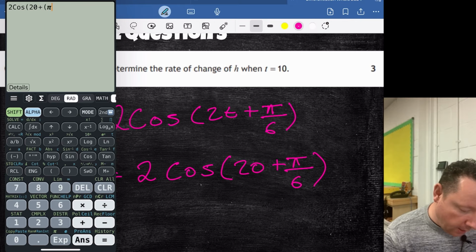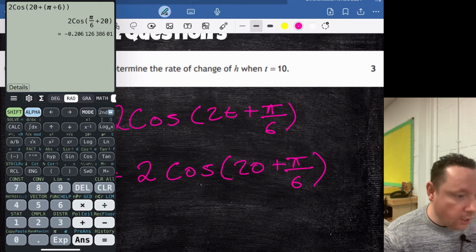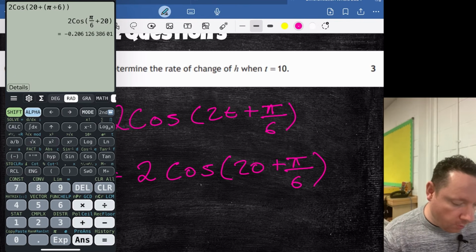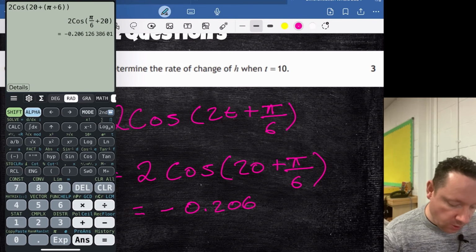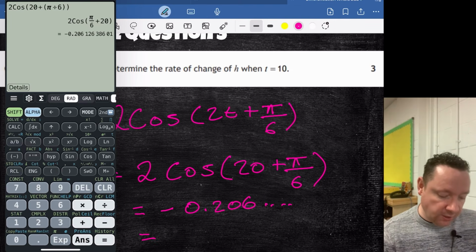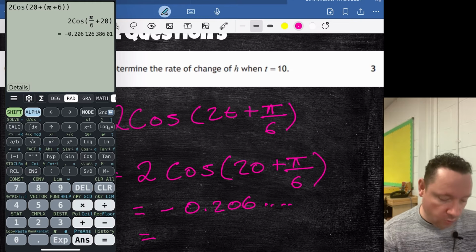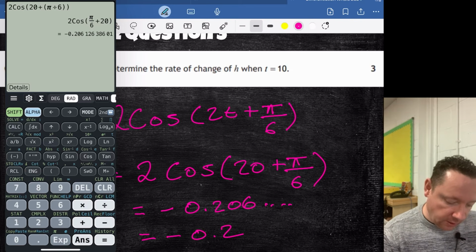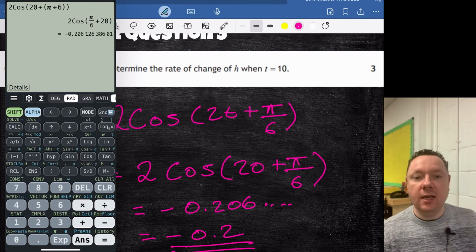So shift pi divided by 6, close the bracket on that, close the bracket on the whole thing, press equals, and we get minus 0.206126 or minus 0.206... We can just round that to a reasonable place, so minus 0.2 or minus 0.21 would be fine. I'll just write minus 0.2 to one decimal place, and we're done there.